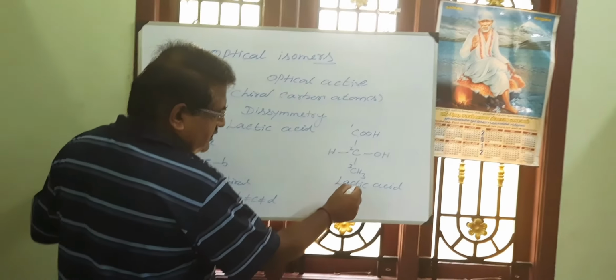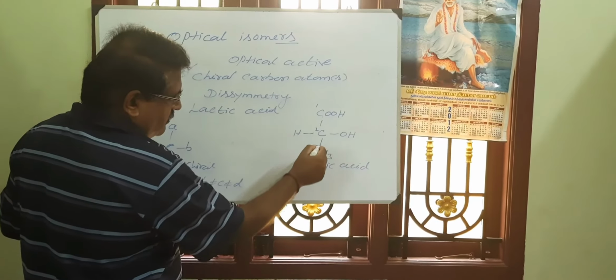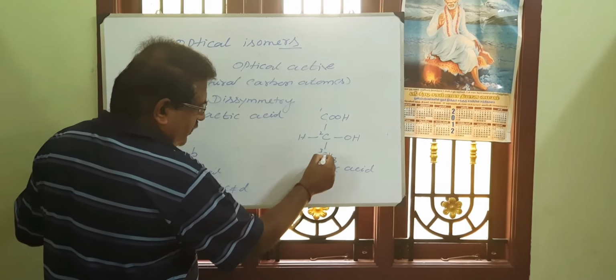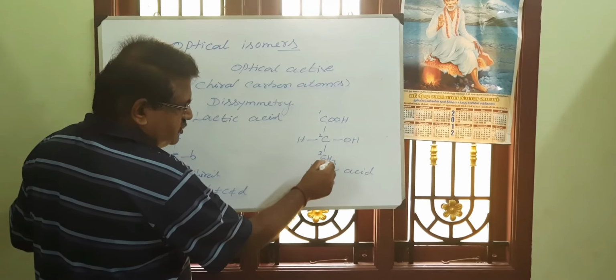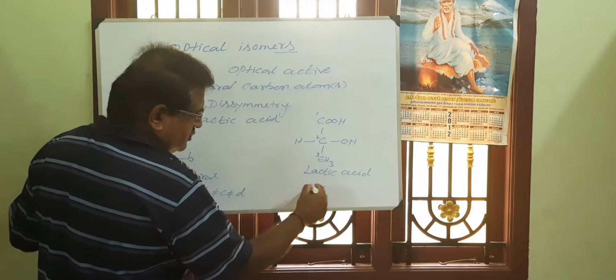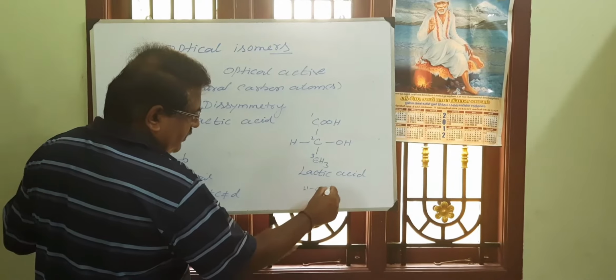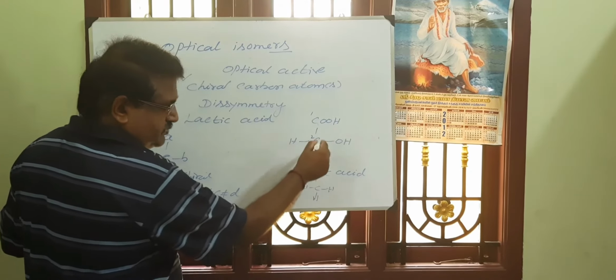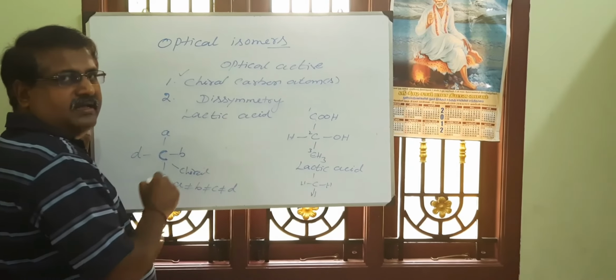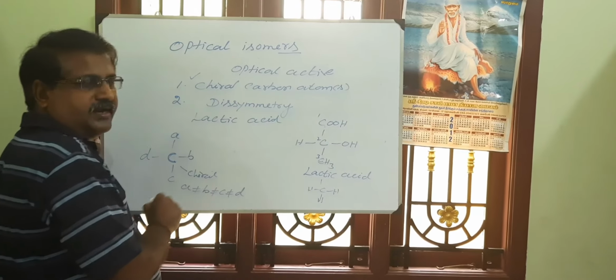Now in lactic acid, we have 3 carbon atoms, and this carbon atom has 3 H. This carbon atom is H, and the rest of the groups. So this is not a chiral carbon atom.